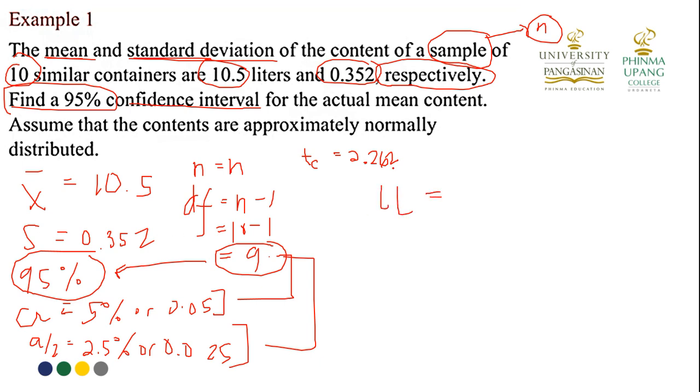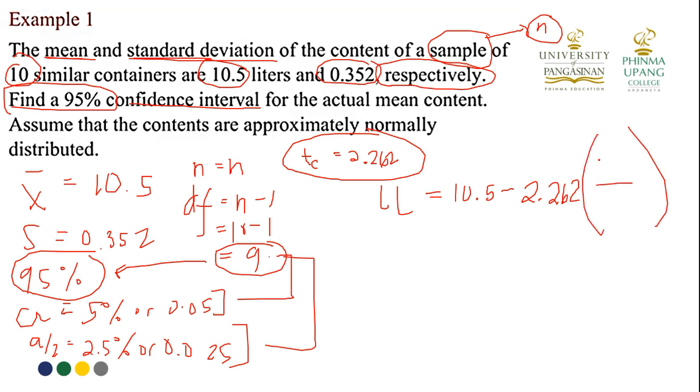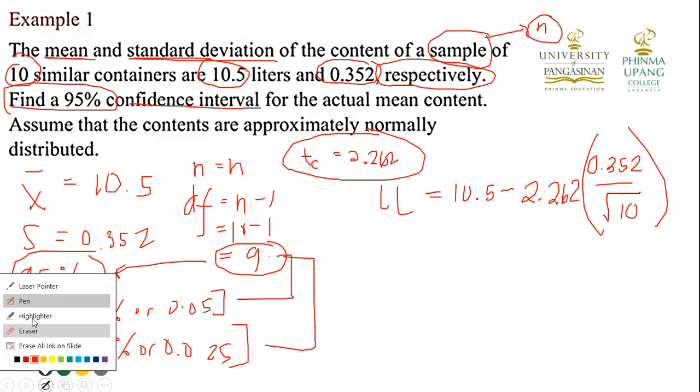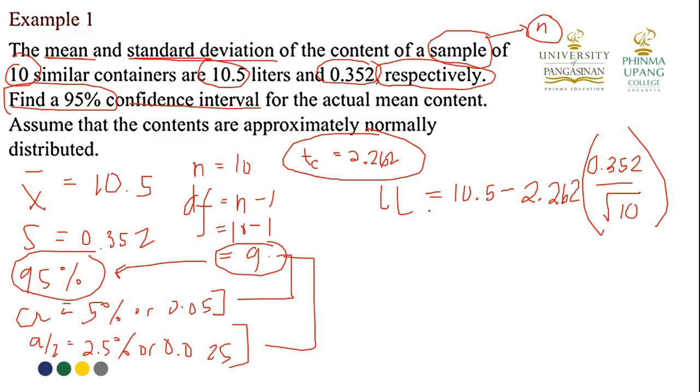LL is X bar, which is 10.5, minus the critical value. It's the same as the previous lesson. Then multiply it by S, which is 0.352, over the square root of our N, which is 10. Do not put 9. When we got the DF, it became 9, but your N is 10.